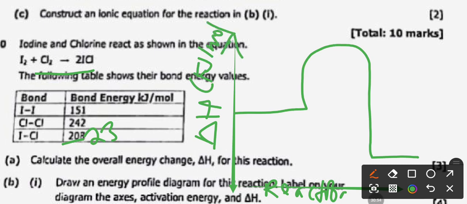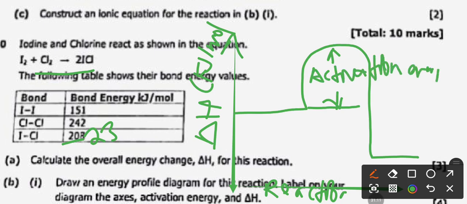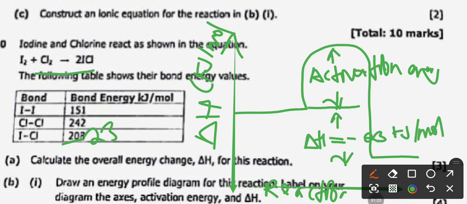So we are told to label the activation energy. The activation energy is this part here. So that's where our activation energy is. The enthalpy change ΔH, we calculated it to be minus 23 kilojoules per mole.